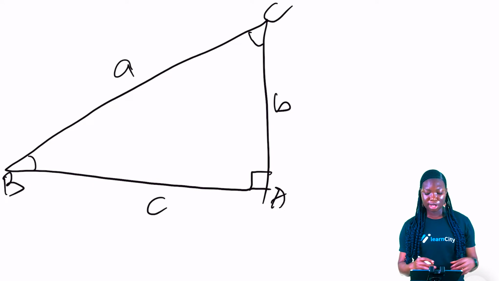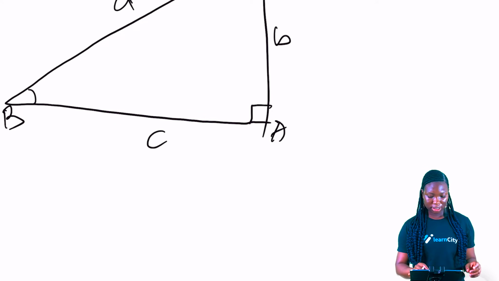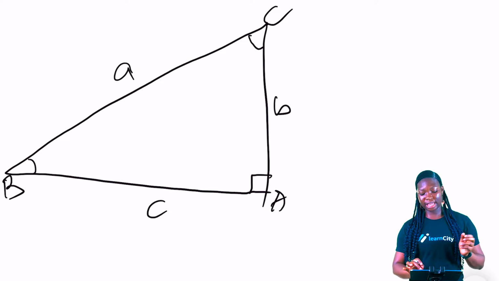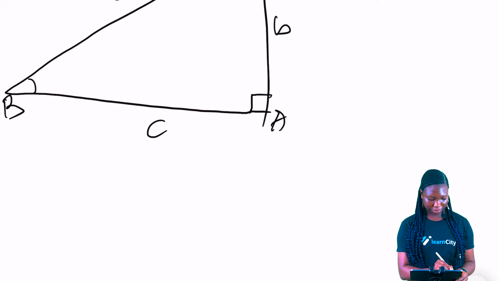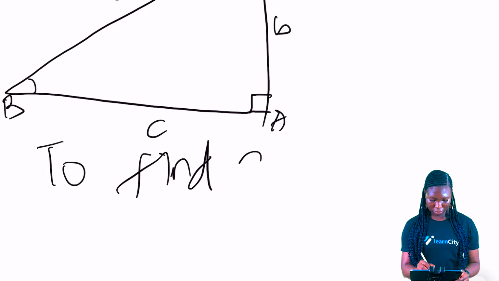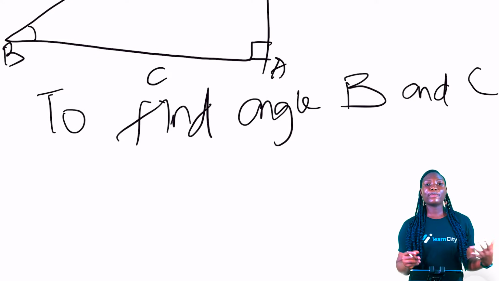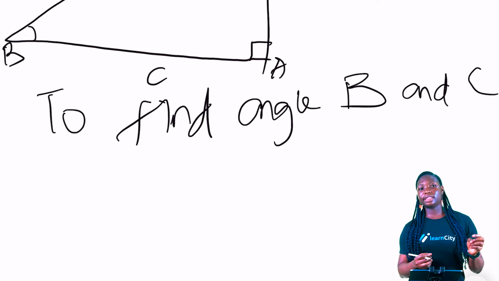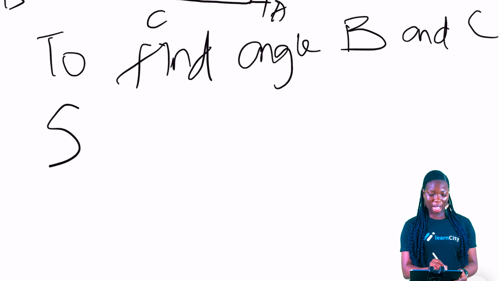Now, to find angle B and C, we use the sine, the cos, and the tan.